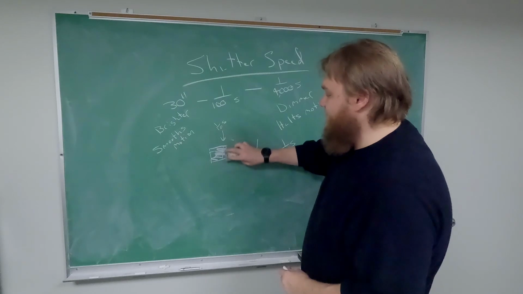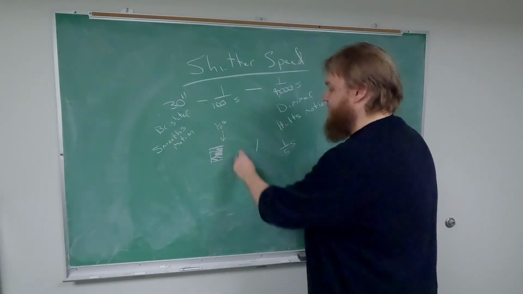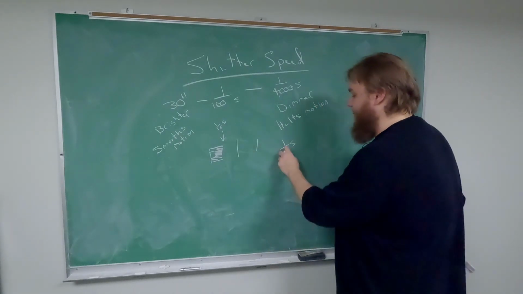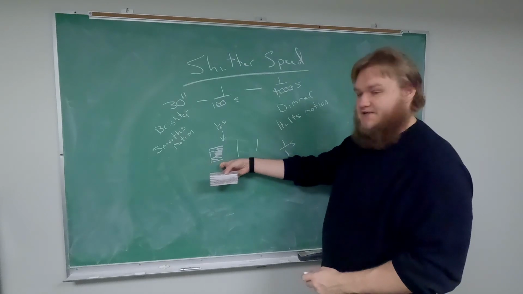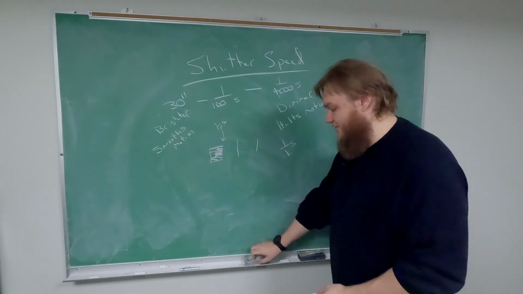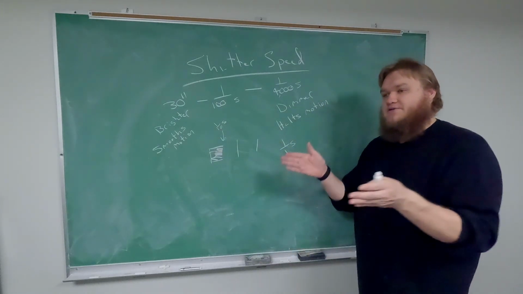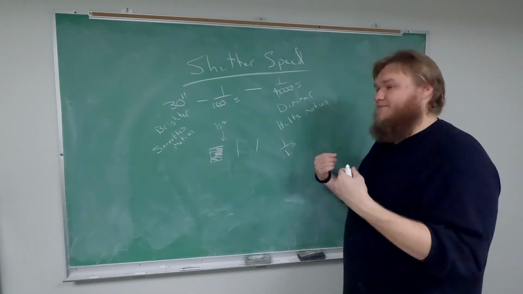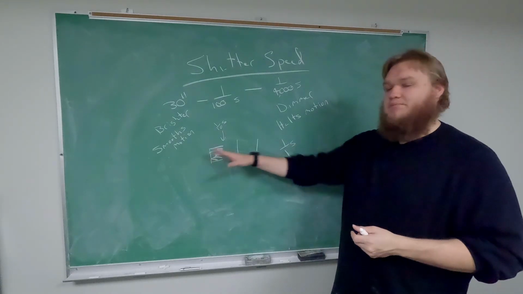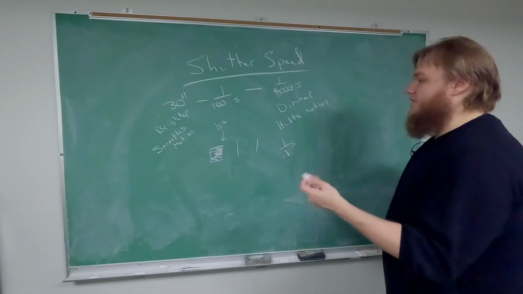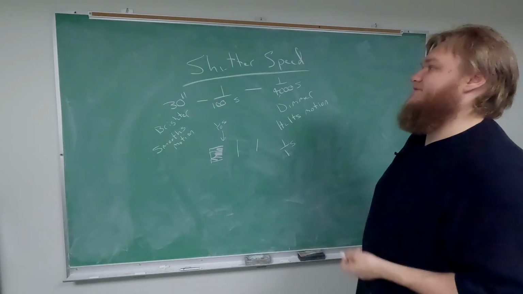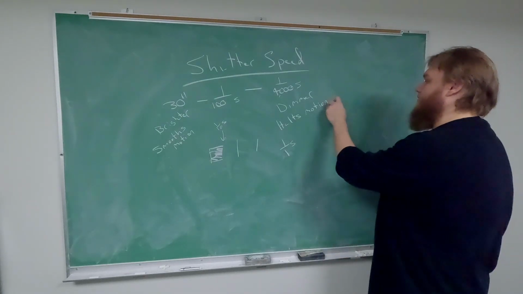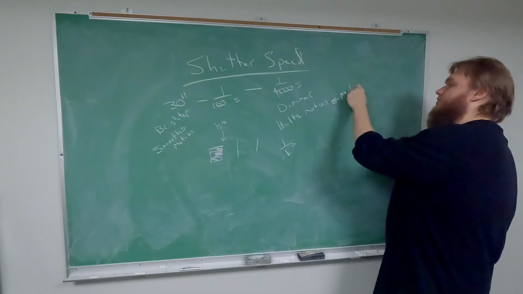Now if we go down to a shutter speed of 1/10 of a second, we'll only see it till it gets to that point. And if we went further and further, eventually we'll get down to the point where it can't get any smaller, and therefore we don't see any of that blur. So one of the key things that shutter speed changes is motion blur.